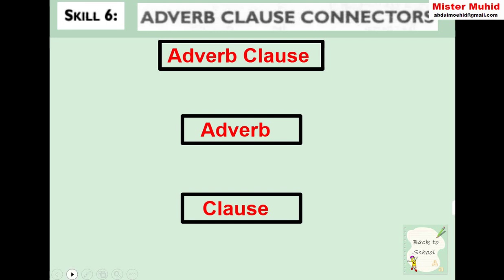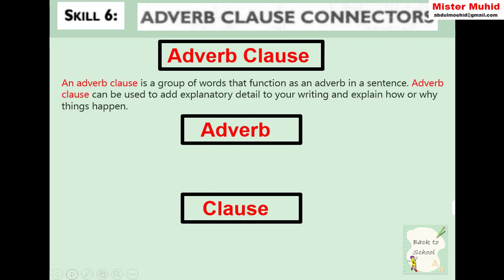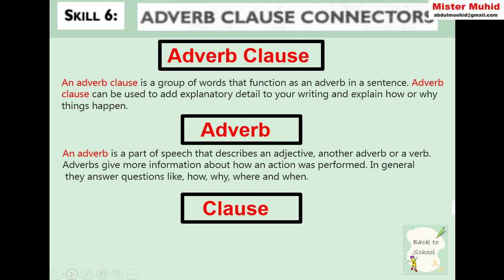Okay, so we say in English, what is an adverb clause? It is a group of words that function as an adverb in a sentence. An adverb clause can be used to add explanatory detail to your writing and explain how or why things happen, and many more. So what is an adverb? An adverb is a part of speech that describes an adjective, another adverb, or the verb itself.